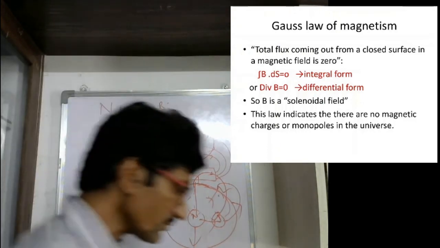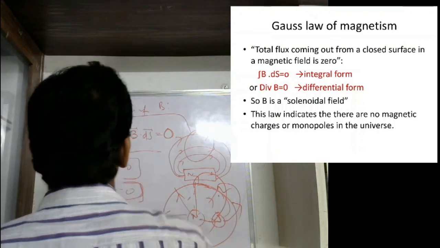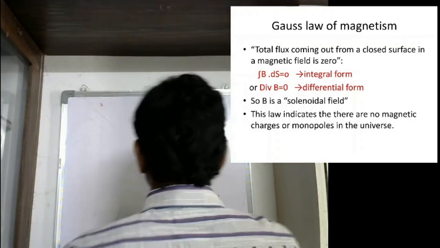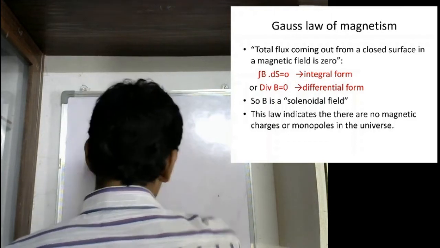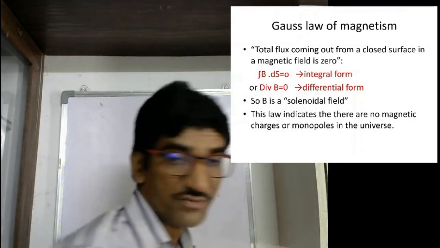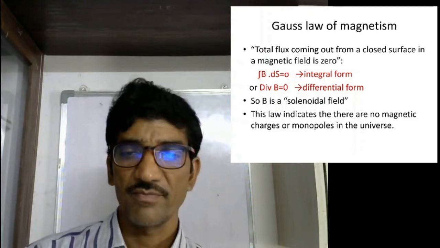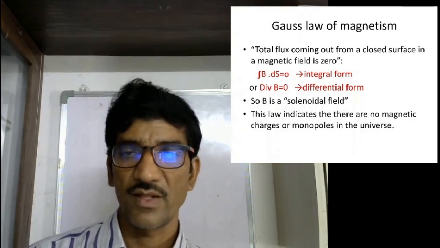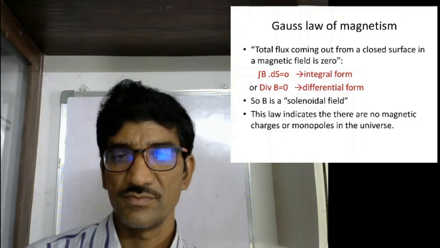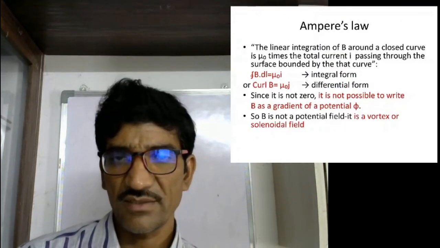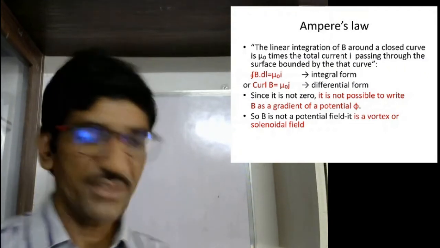Next, let us go for another law giving the nature of the magnetic induction vector. What is the next law? It is Ampere's law.